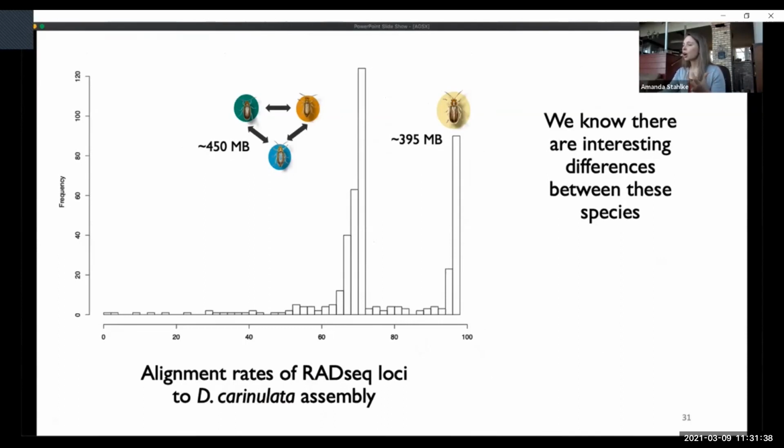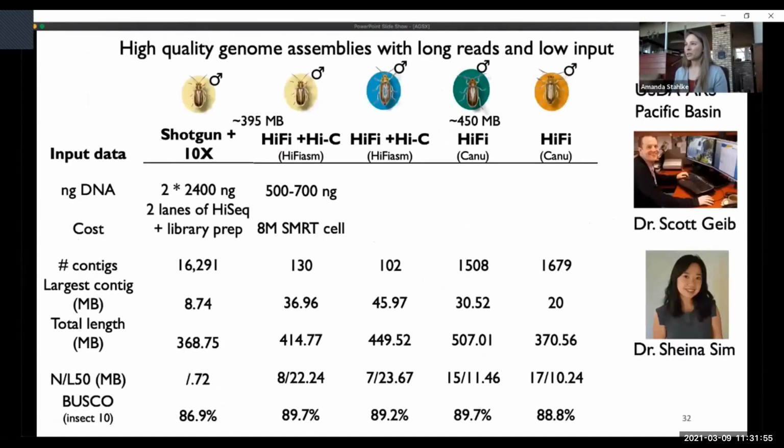So there's about 25% of RAD-seq loci that could be harboring lots of interesting, biologically relevant data and information about these species. And what is super cool is that we have assemblies ongoing for the other three as well.